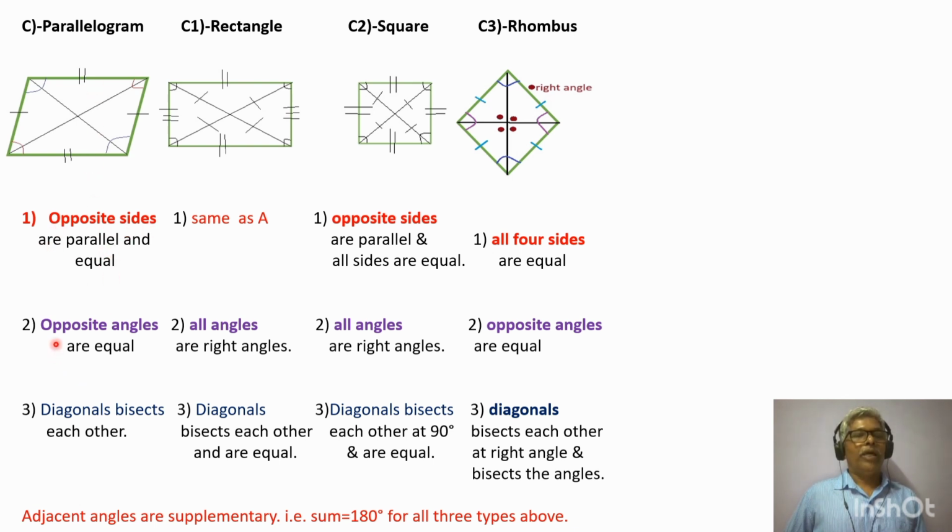Then opposite angles are equal. This is a condition for the angle in parallelogram, and diagonals bisect each other. This is another condition. About rectangle, square, and rhombus, we will be discussing separately, so I am just skipping it from this.